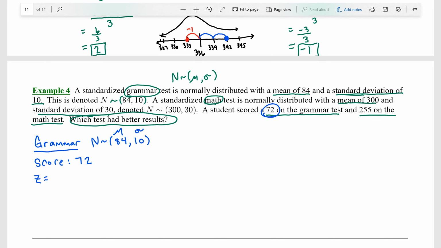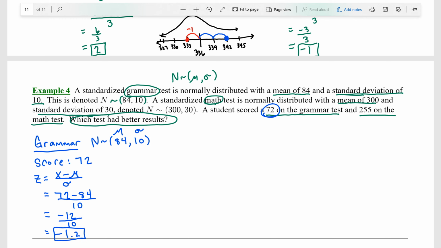Remember, the z-score is the data point minus the mean divided by the standard deviation. So this data point is 72. We're going to subtract the mean of 84 and we're going to divide by the standard deviation of 10. Now 72 minus 84 gives us negative 12 divided by 10, or negative 1.2.